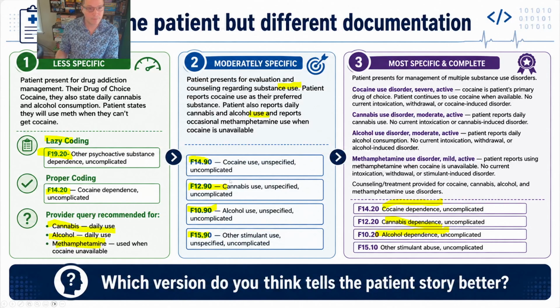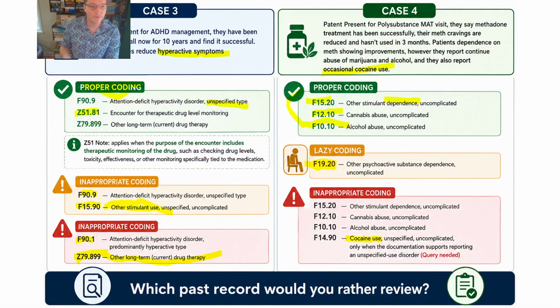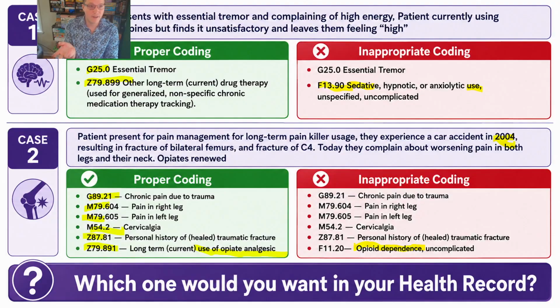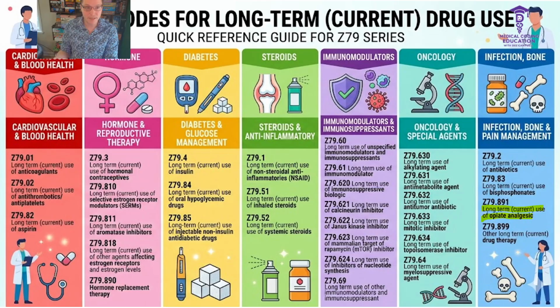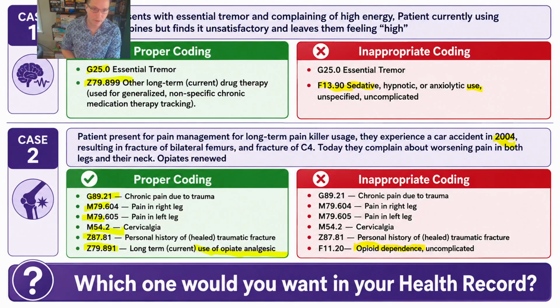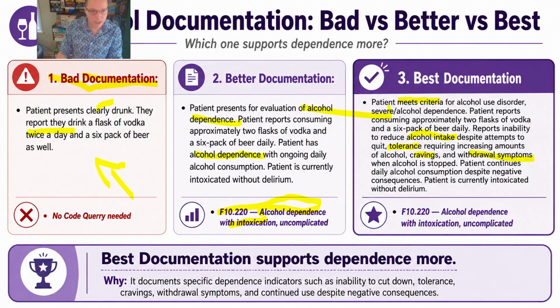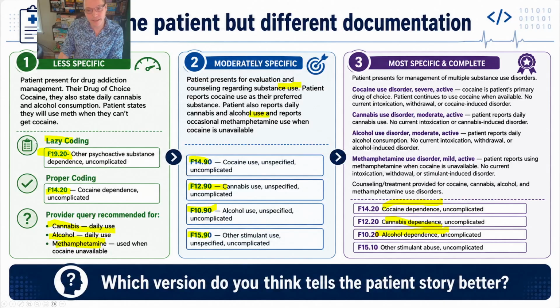So finally, to wrap this one up, the takeaway is: be careful when you're using a substance use disorder code when instead a Z79 is going to be more appropriate. And when you are using a substance use disorder or abuse or dependency code, make certain you tell the whole patient's story so that you're avoiding lazy coding and you're coding to the highest level.